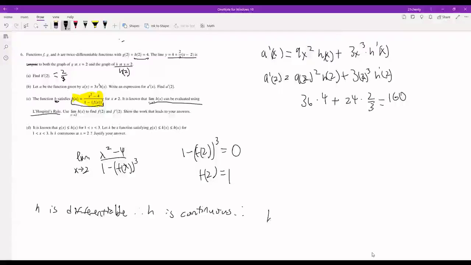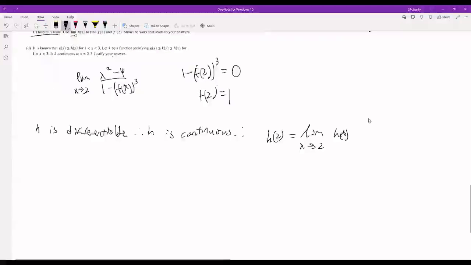Therefore, h of 2 equals the limit as x approaches 2 of h of x. Right? These are all just, like, by definition, they work. Which means we can say, since we know h of 2 is 4, that's given in the problem, we can say 4 equals the limit.